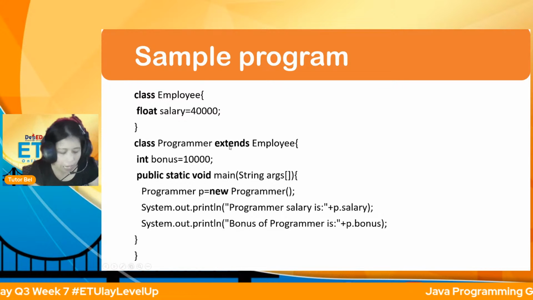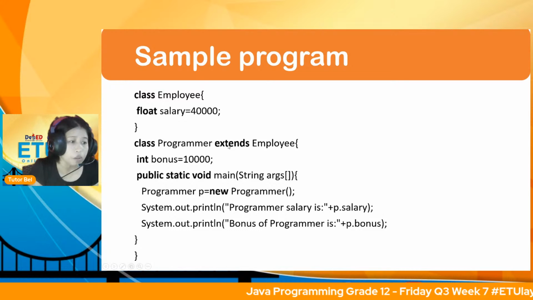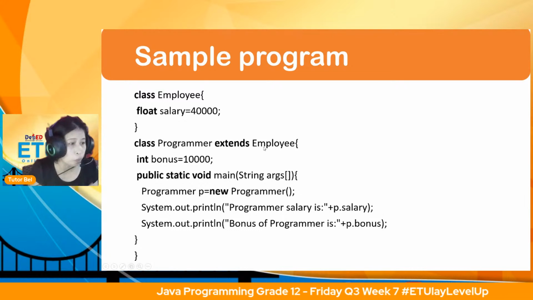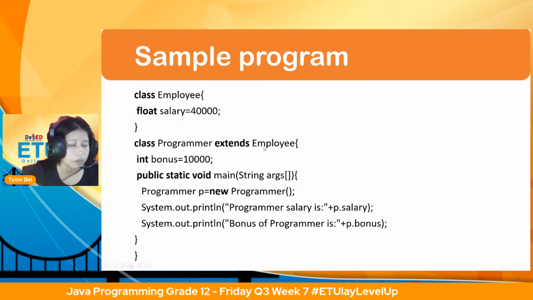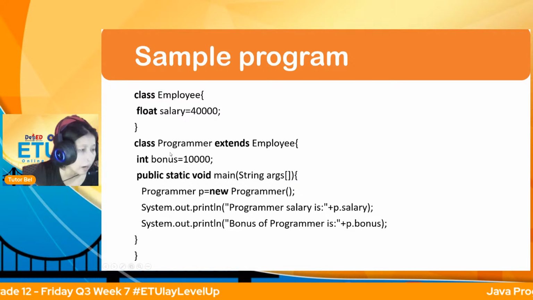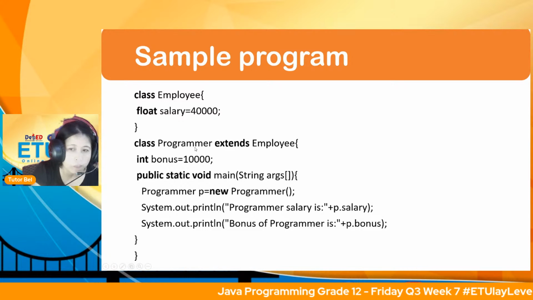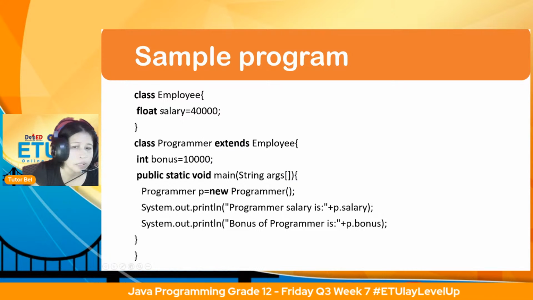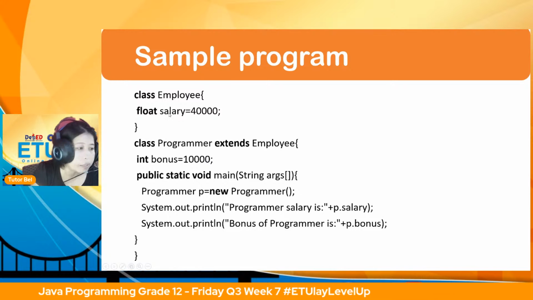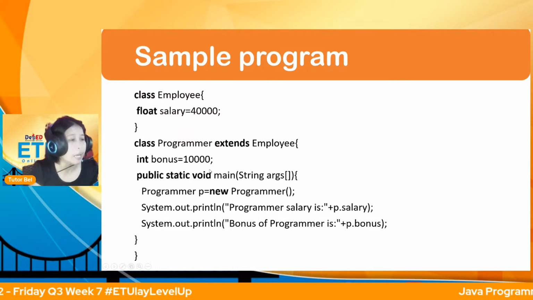This is how we instantiate the Employee na superclass. So itong superclass natin is the Employee. Ang pangalan ng ating ide-derive or yung ini-instantiate natin na object is Programmer, which is actually anong ma-inherit niya? Yung ating salary, no? So may salary na siya, but here pwede nating dagdagan.